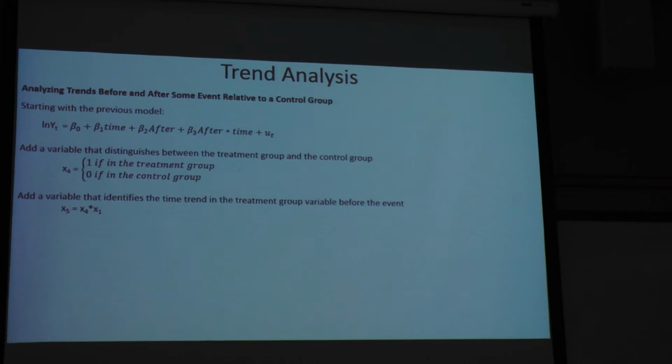And then we added an interaction of the treatment variable and time, which is x1. Our interactions are always multiplication. Yes, it's always, yes. Two variables multiplied by each other.